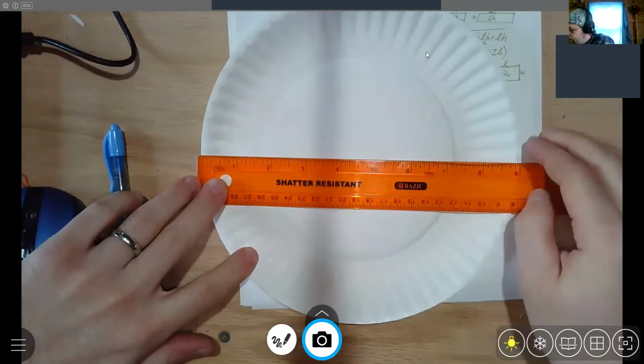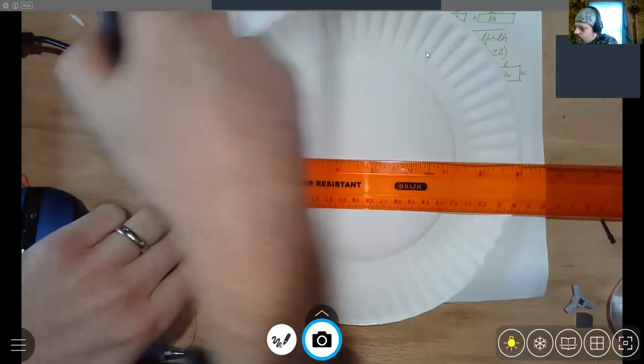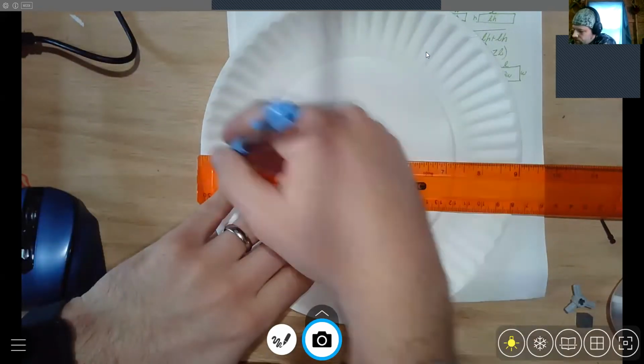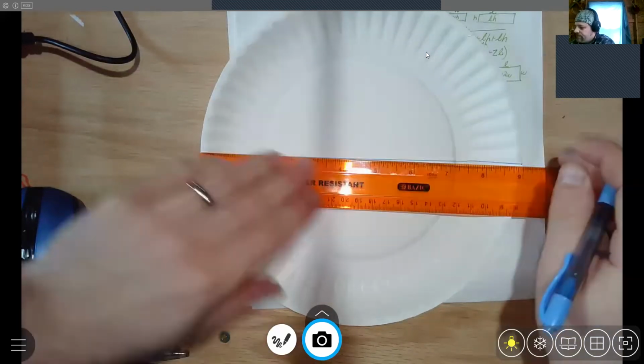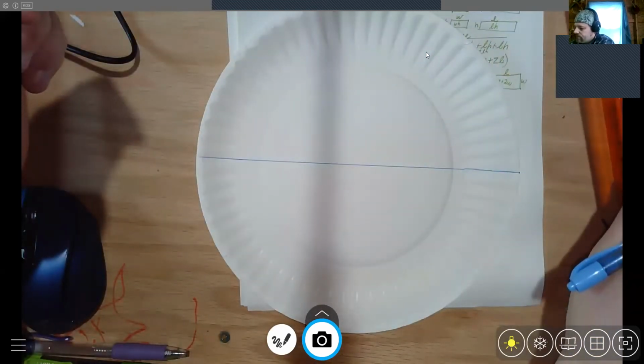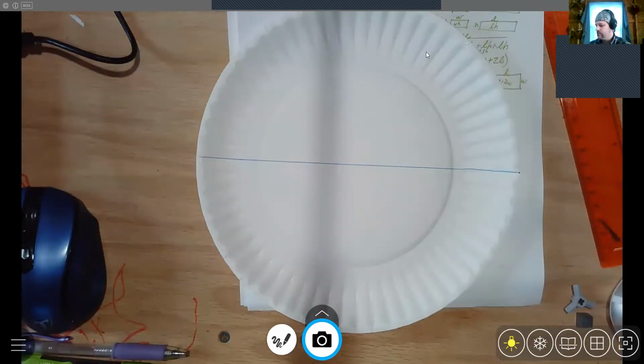So my paper plate, 9 inches. So just draw the diameter here, or kind of eyeballing it.